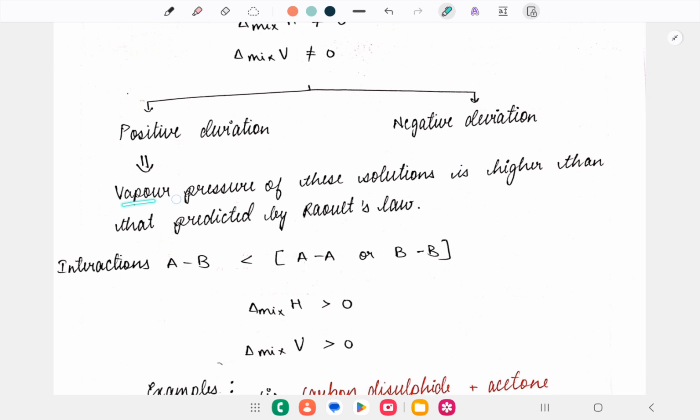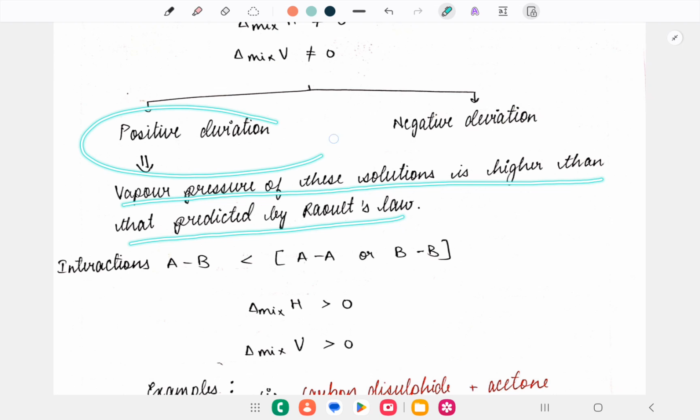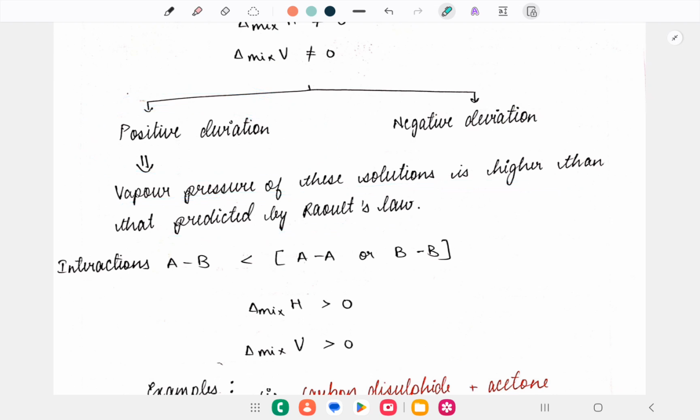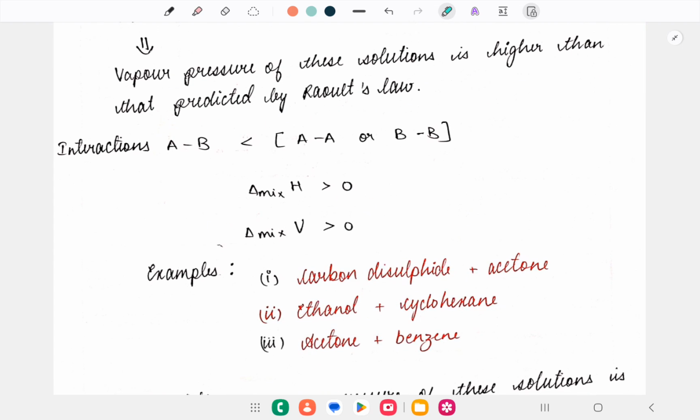If the vapor pressure of these solutions is higher than that predicted, it gives us the positive deviation. Positive deviation is observed if the solute-solvent interactions are weaker in comparison to solute-solute and solvent-solvent interactions.